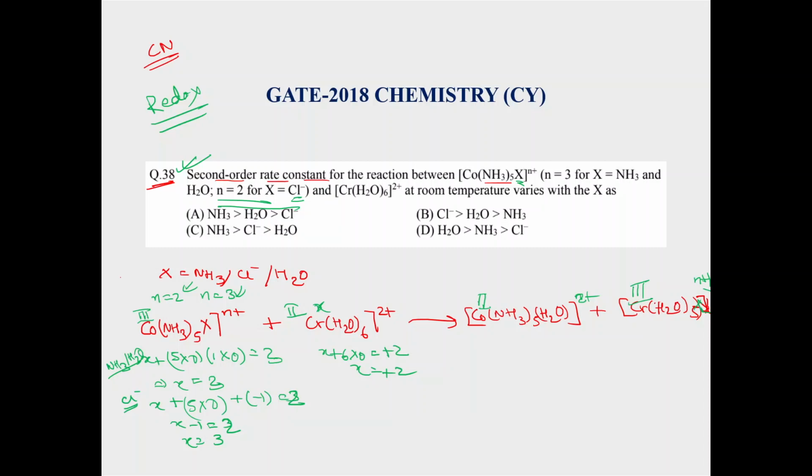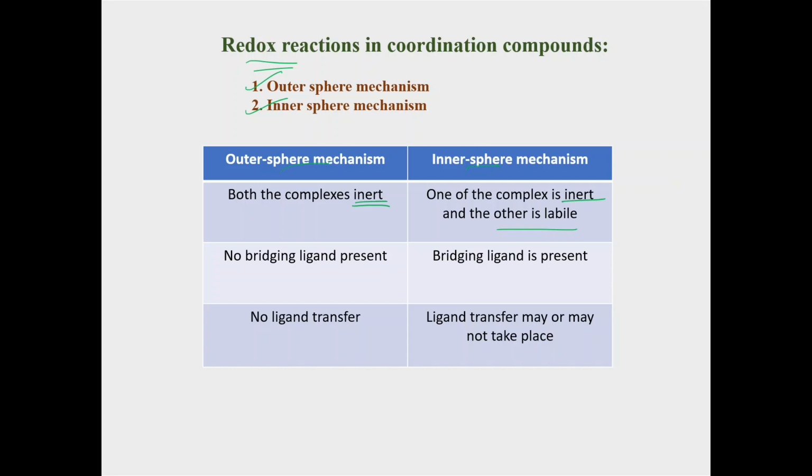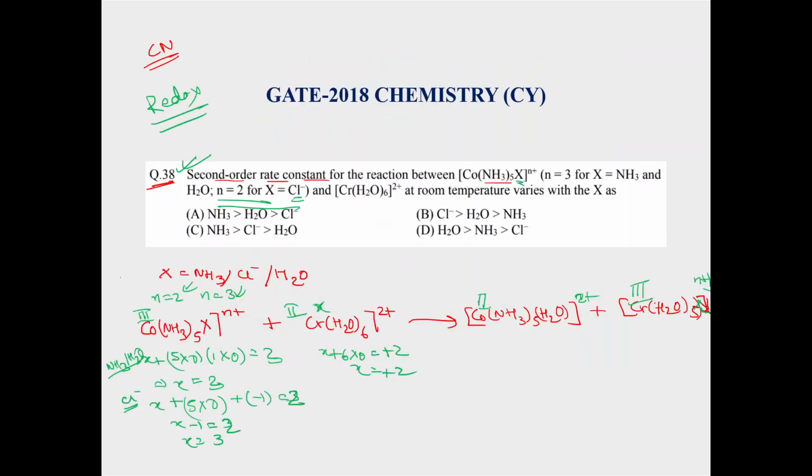As we already said, if a bridging ligand is present, then the reaction is much faster as it helps in transferring the ligands. X is either ammonia, water, or Cl minus. Among these three, only Cl minus is a bridging ligand.